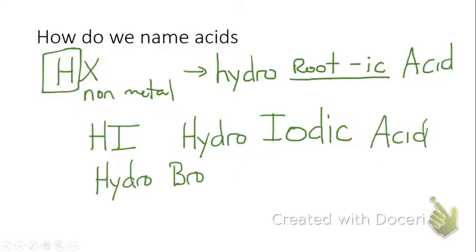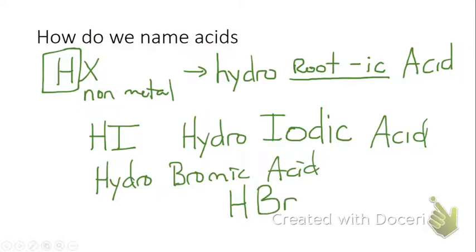So how about this one? Hydrobromic acid. So we know it's an acid, so it's going to start with an H. Bromic is the root of bromine. And so there is hydrobromic acid, HBr.